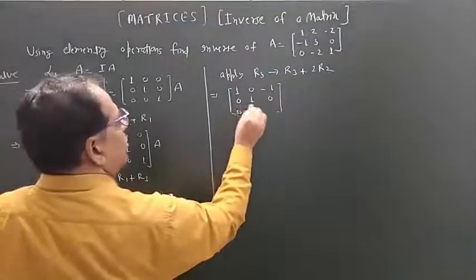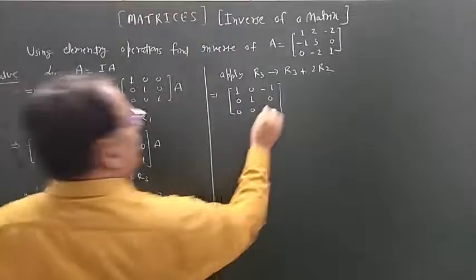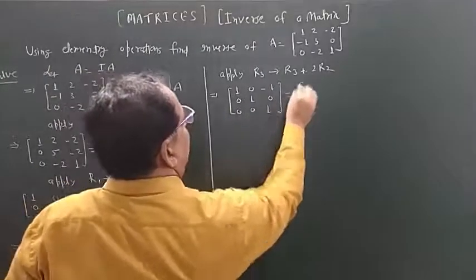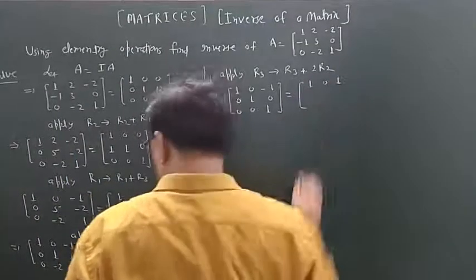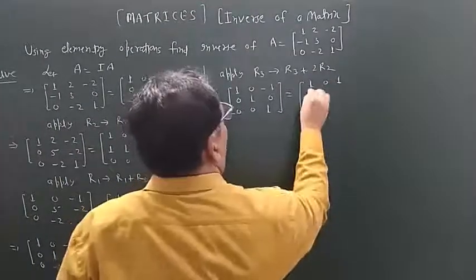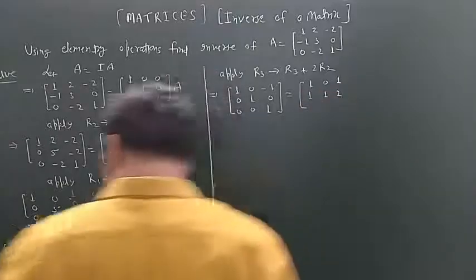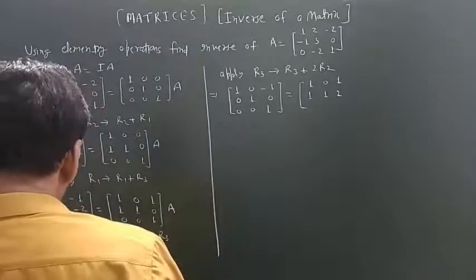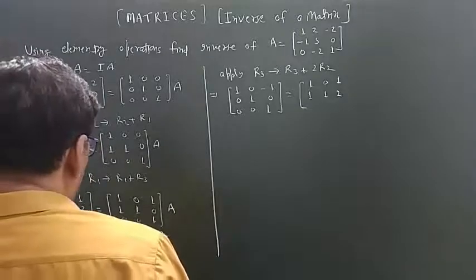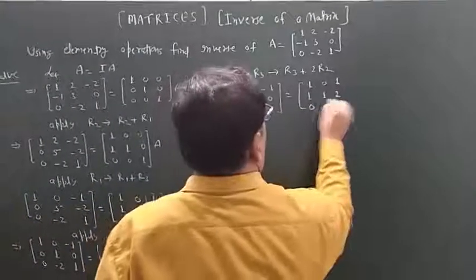So 0 0 and there is 1 again. On the right hand side there is no change in first row 1 0 1. Second 1 1 2, and third 0 0 1.